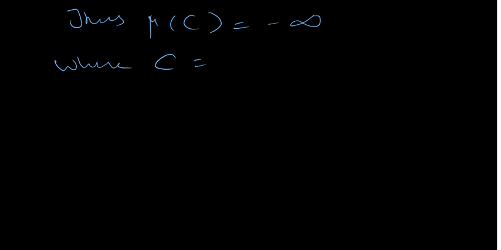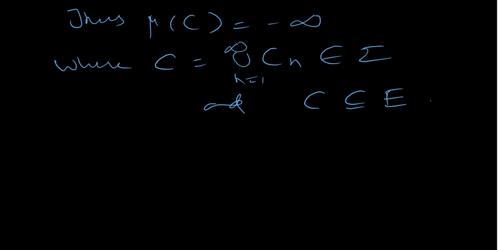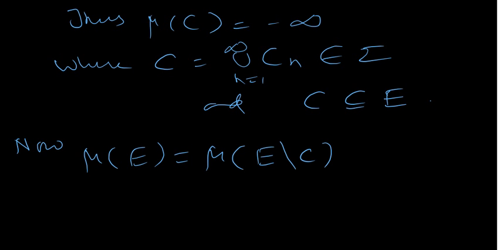So thus mu of C is minus infinity, where C is the union of Cn, n running from 1 to infinity. It's a member of sigma, and each Cn is a subset of E, so C is also a subset of E. Now let's find mu of E. Mu of E is given to be positive, but mu of E is equal to mu of E minus C plus mu of C. But what is this mu of C?